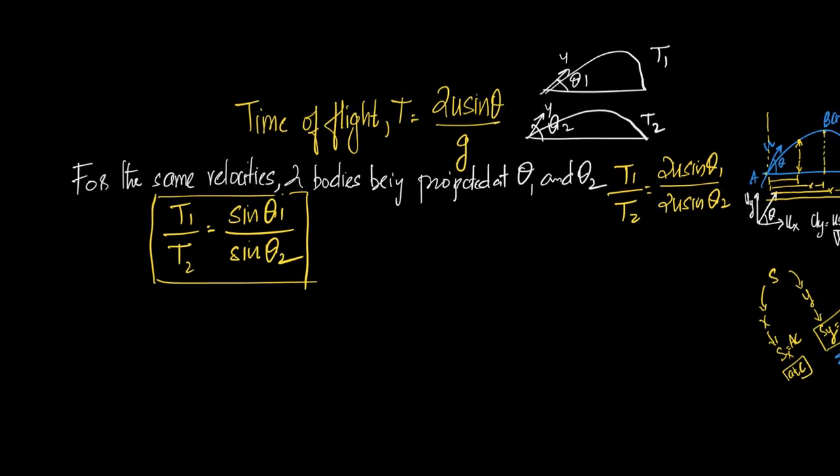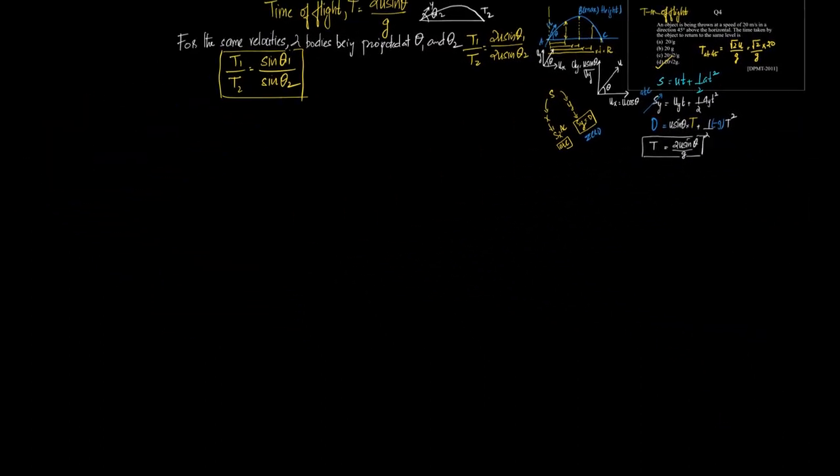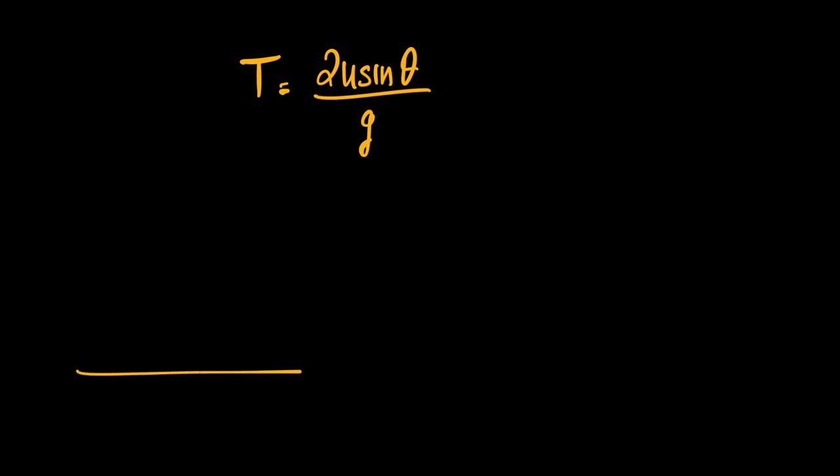Is there anything else that we could say? Yes. Additionally, we know time of flight t is equal to 2u sine theta by g. Now when is this applicable? When an object is projected with a velocity u at an angle theta with respect to the horizontal.